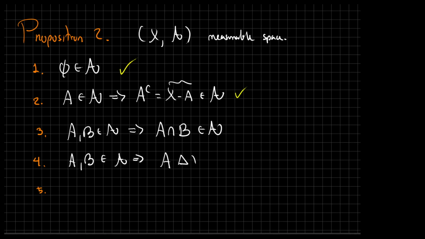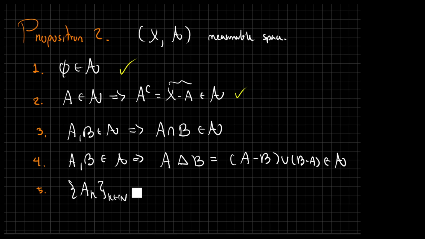The symmetric difference, which is this, is also inside the sigma algebra, and moreover if you have a countable family, then the infinite intersection is an element. So we will work this. This is kind of easy to do. So let's make it quick.